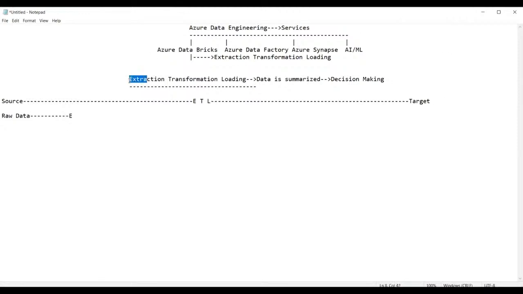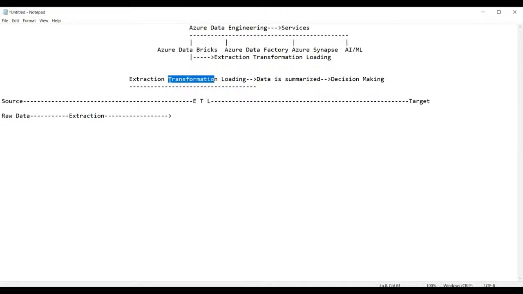Extraction means picking up the data. After the process of extraction is done, the process of transformation is implemented.